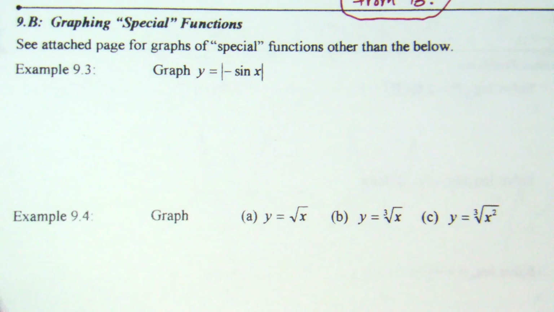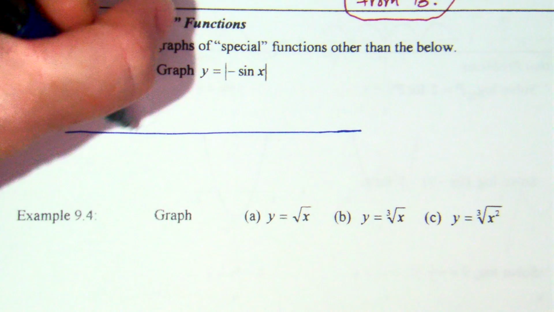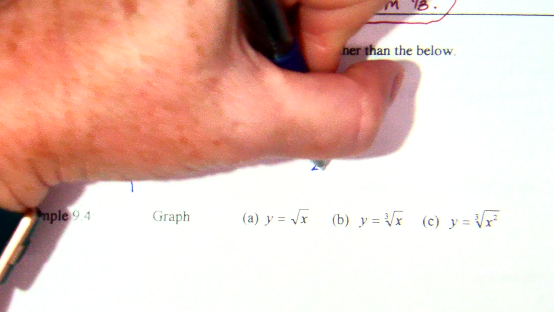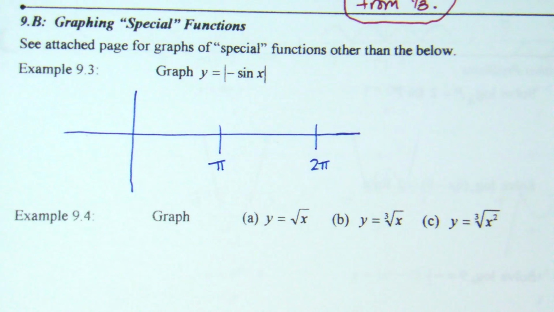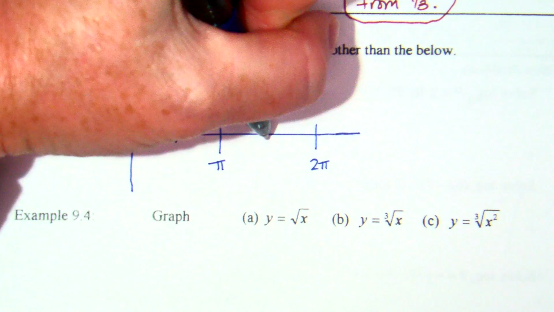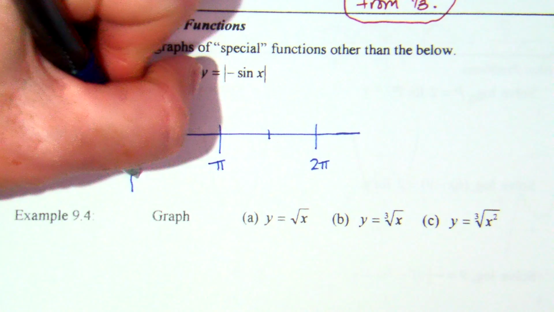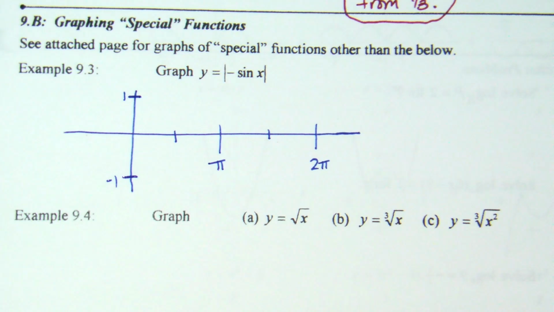So anytime I do my sines, cosines, I break my graph into pi and 2 pi, and at least put the marks there, right? Not getting too official here.